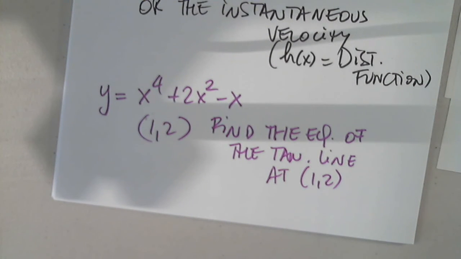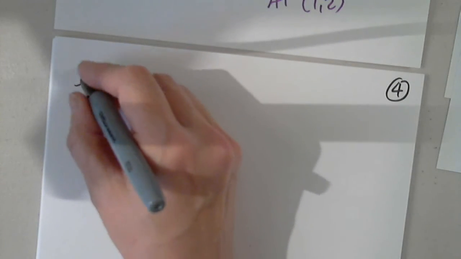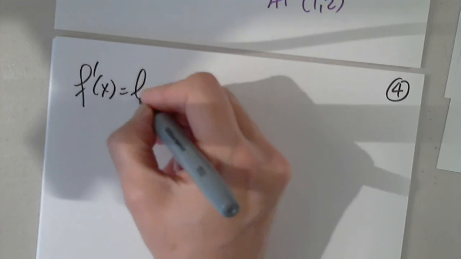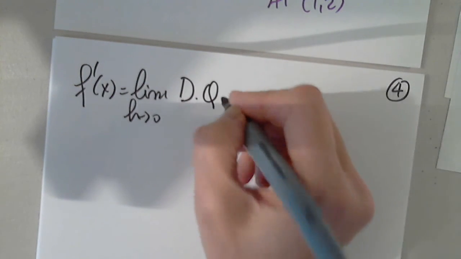So I want to determine that. Now it's easier because we don't have to use the formal definition of the derivative function. I'm just going to refresh our memory on how it looks. So remember f prime of x, there is only one definition, the limit of the difference quotient.